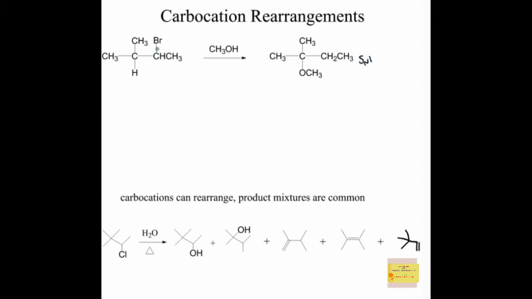This was a rearrangement when our leaving group left. It gave a secondary carbocation, and that secondary carbocation could have a hydride shift to give a tertiary carbocation. That would be a favorable rearrangement.